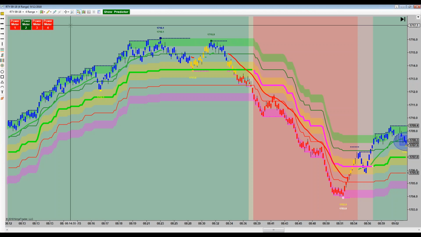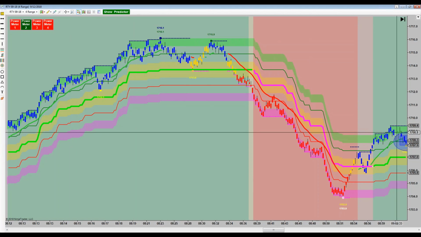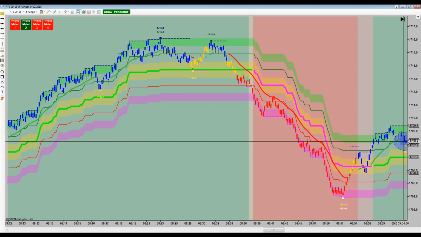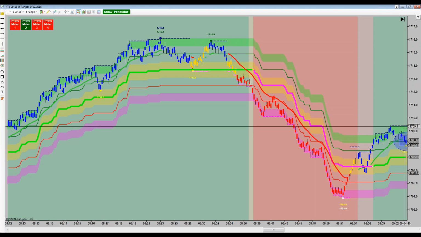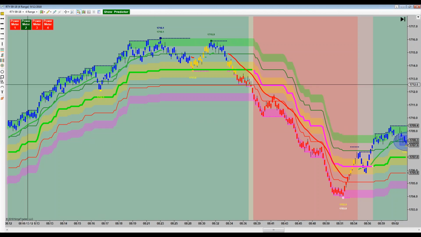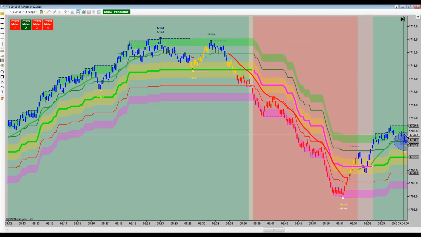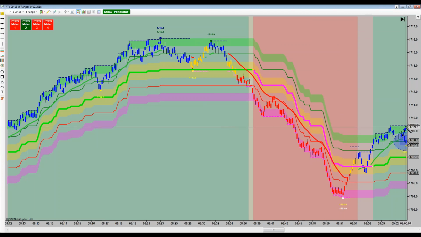No, there's been a lot of thought put into this. How much room, if you get filled long on, say, this candle right here at 0860, is between here and the top of the current resistance range? How much meat on the bone is there from here to here?